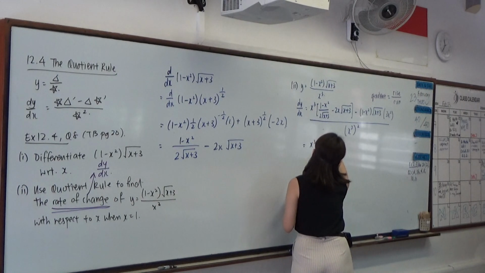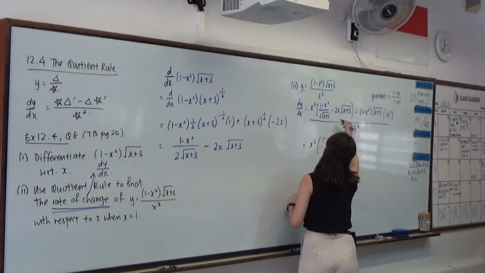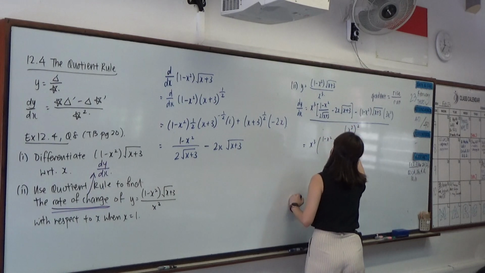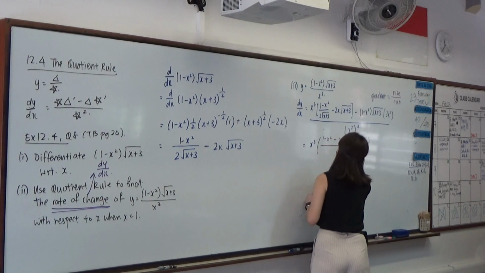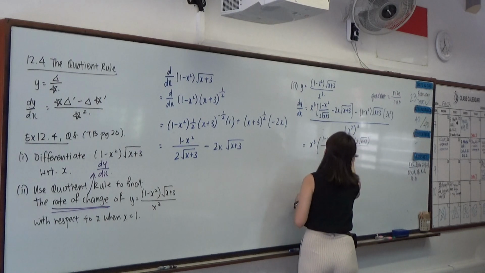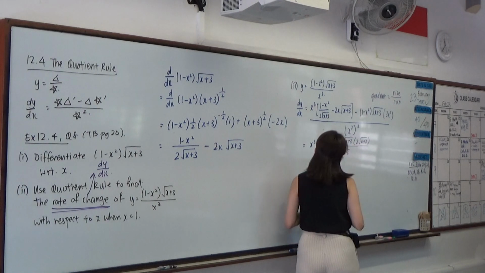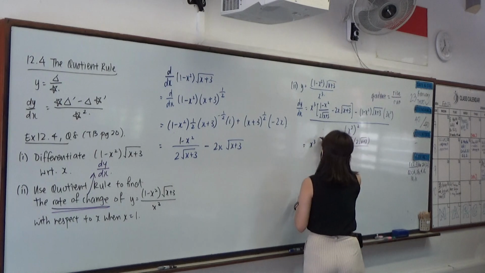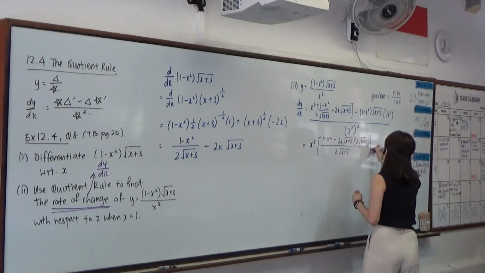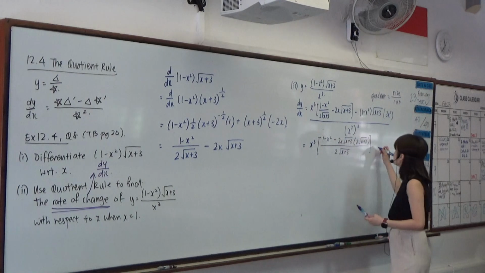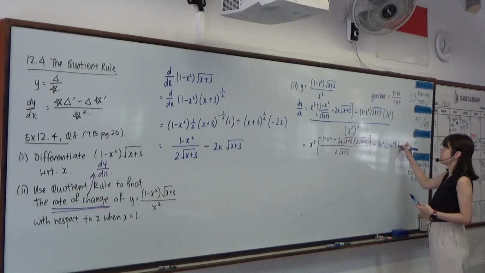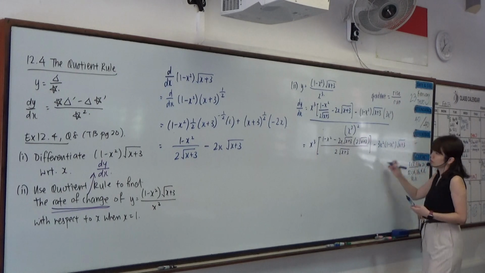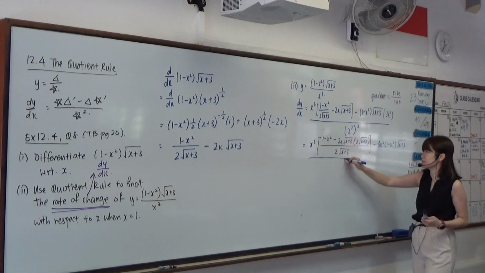We have 1 minus x squared, minus away this part, 2x square root x plus 3, multiply with 2 square root x plus 3, so that they can all share the same denominator. For everything else, we keep it the same so as to not confuse us.